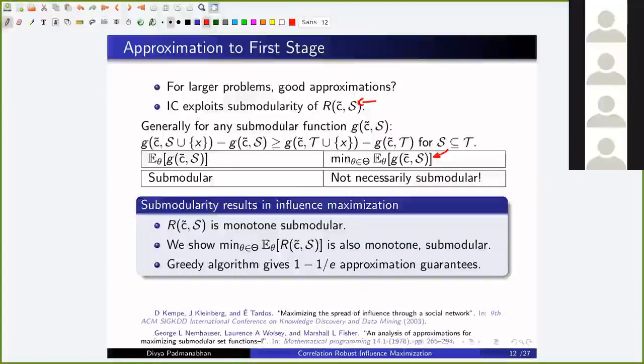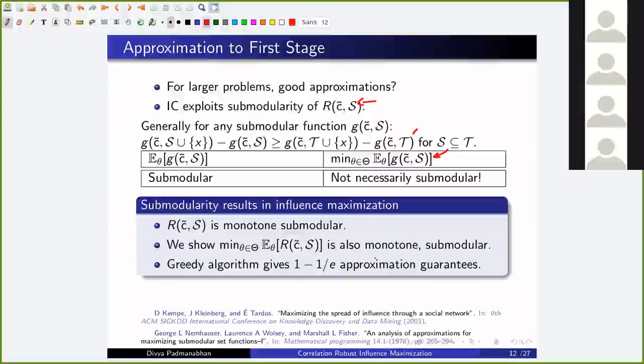So you cannot guarantee that this kind of an expression holds true. But in influence maximization, somehow we are able to show that it's indeed monotone submodular, and the proof makes use of the closed form expression that I showed you earlier for the worst case reachability of each node.